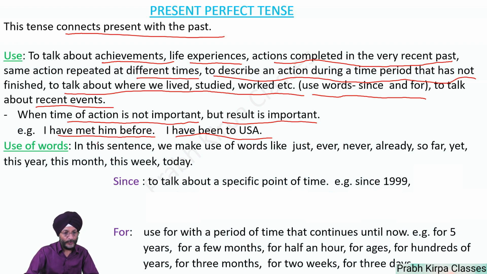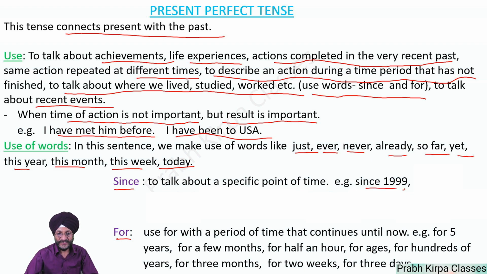Here we use words like just, ever, never, already, so far, yet, this year, this month, this week, today. We also use since or for in this sentence. There may be questions. Since is used to talk about a specific point of time.